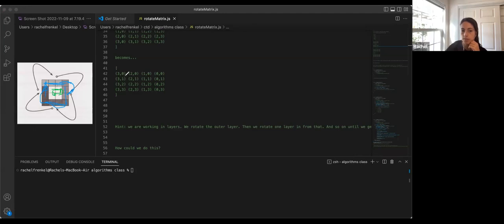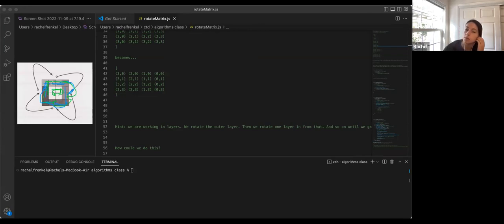See how we're doing that? So we're not taking the entire matrix and shifting it all at once. We're taking each edge and moving it over to the next side. Right? So we're rotating an edge at a time.